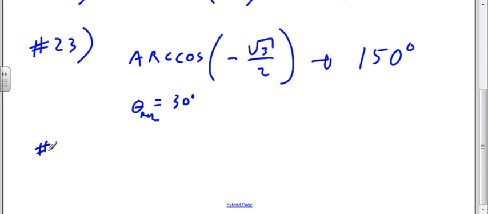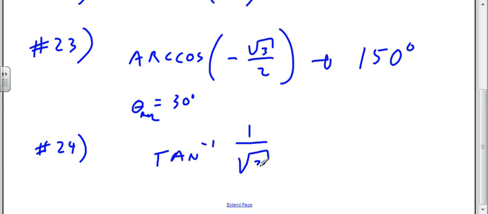Number 24. The arc tangent of 1 over the square root of 3. And so we know that answer too, right? That answer is 30 degrees. Do we know it's 30 degrees?